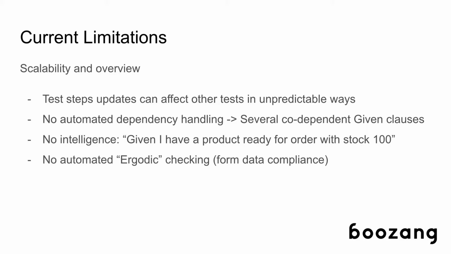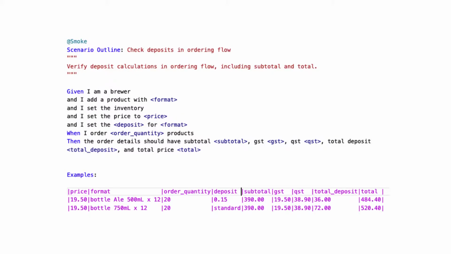And what you feel is, for instance, let's say I want to go in here and I want to say, I set the price to price and I want to update this and refactor this test. I'm kind of making a lot of assumptions, what is carried forward, etc. So when I want to update this test, it can have some unexpected side effects to other places where I have the wording and I set the price to price.